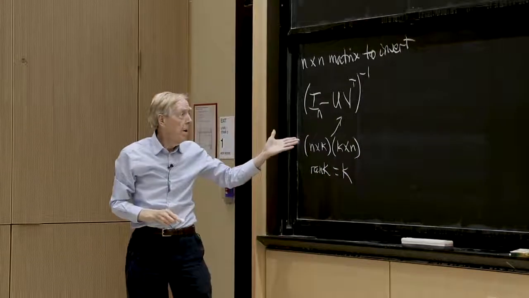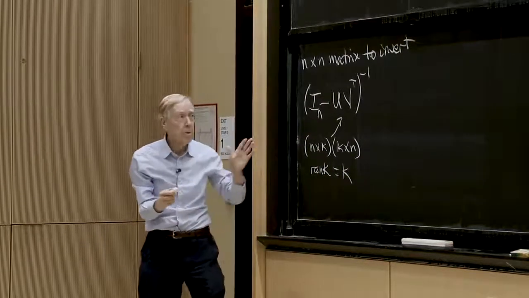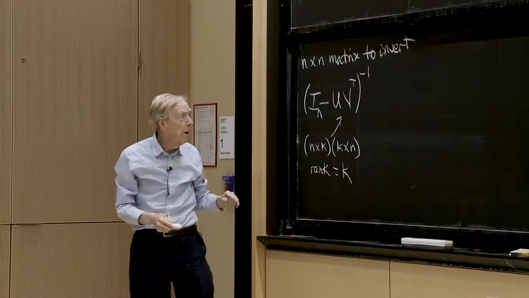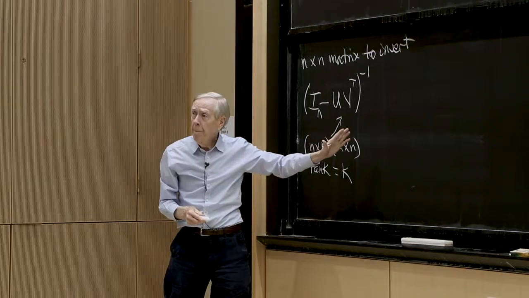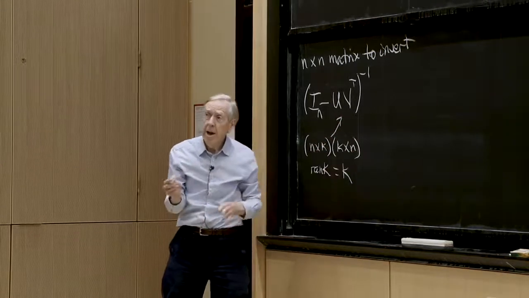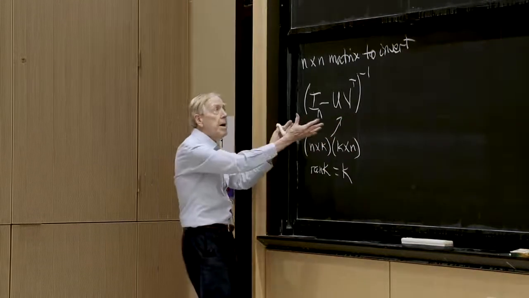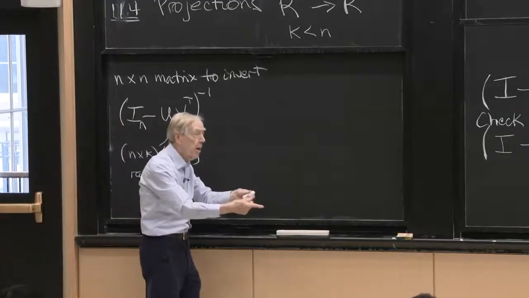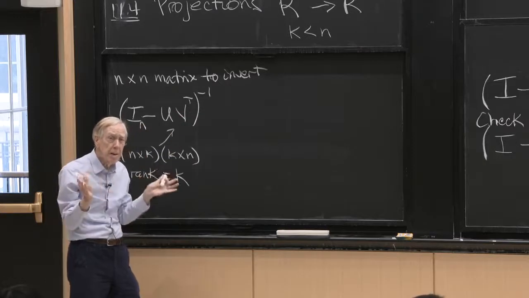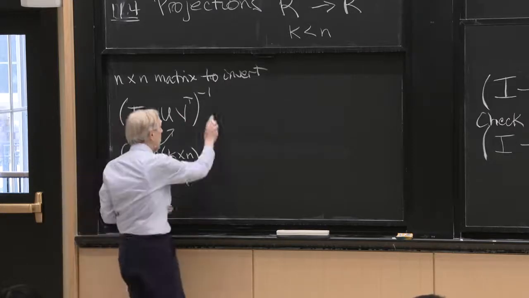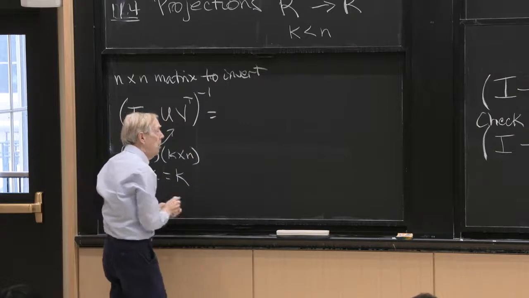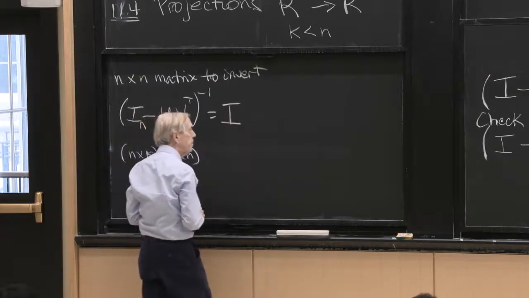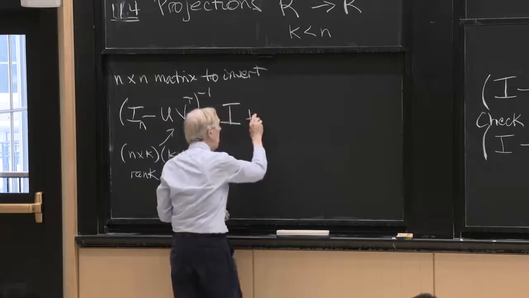There it is. Okay, I'm going to write down the formula, and you're going to be able to write it down because it's just copied from that one. And you'll see that it involves a k by k inverse. So I have an n by n matrix to invert, but I don't have to do that. I can switch it to a k by k matrix. That's pretty nice. So I'm basically going to copy that. I plus u.